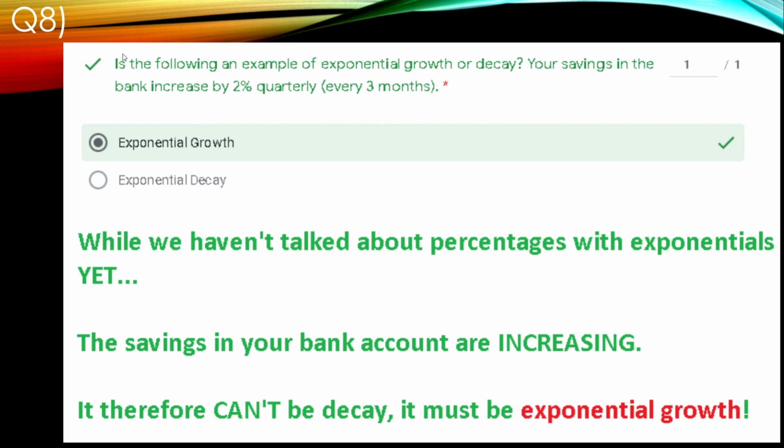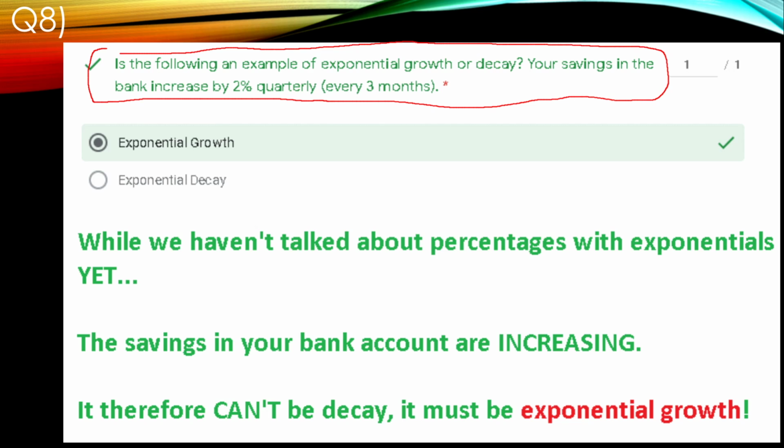Now, this is another example of a question that we're going to explore a little bit more later in the unit. Is the following an example of exponential growth or decay? Your savings in the bank increase by 2% quarterly, every 3 months. Okay?